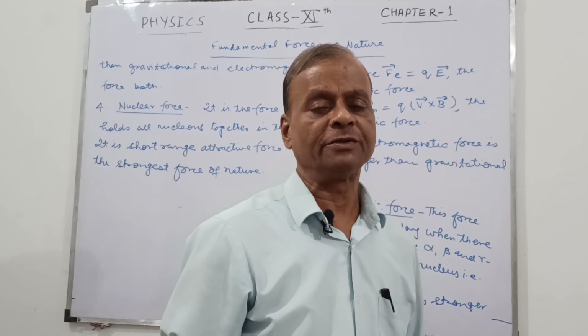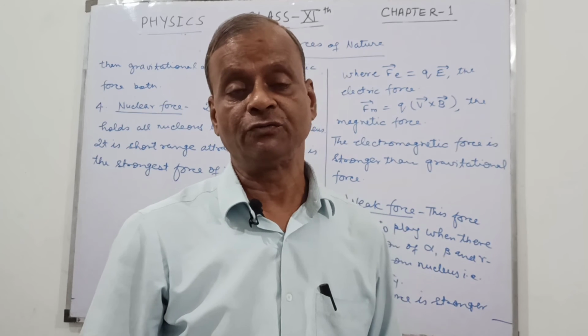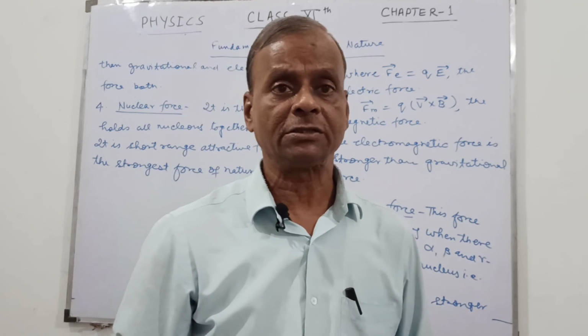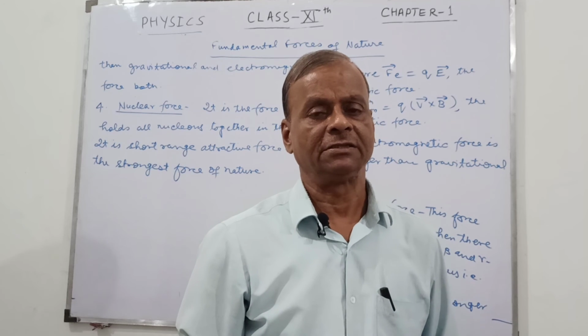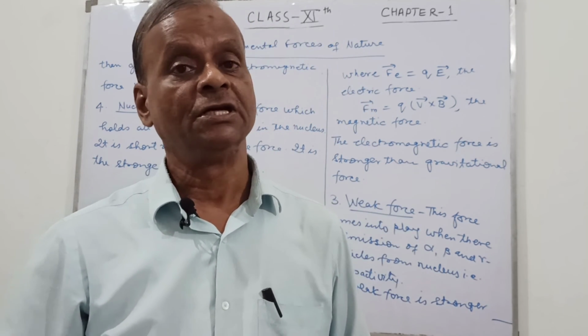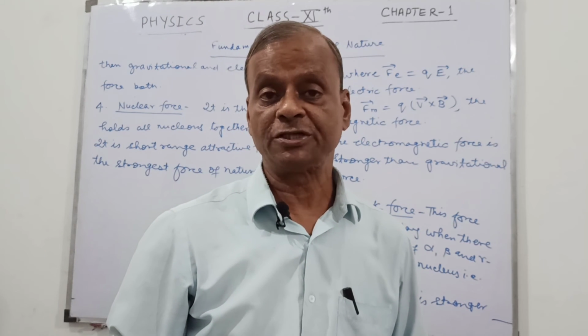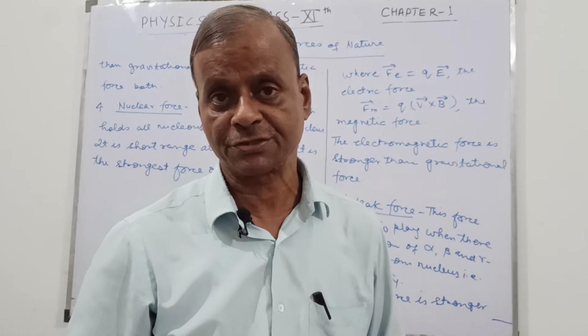So it is assumed that this is due to the nucleons present in the nucleus, and nucleons are what? The proton and the neutron. And there are so many other particles also present in the nucleus. There are approximately 40 or more particles inside the nucleus.